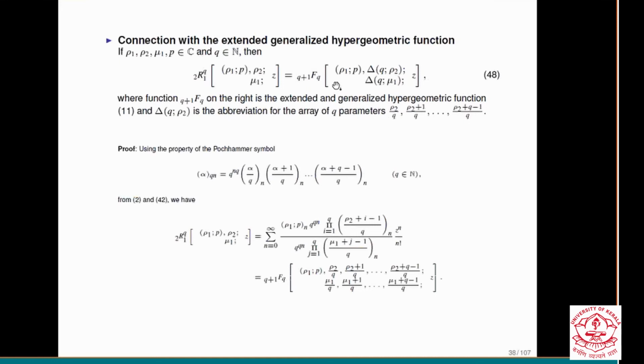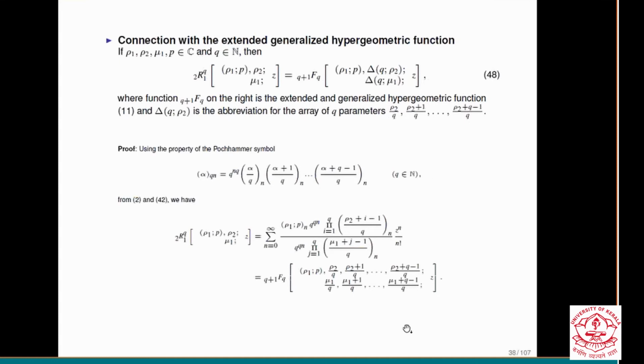So we can get our result in the form of q plus 1 Fq. Here we can also put, suppose if we have q plus 1 equal to p, that's pFq, that is the hypergeometric function. This is equation number 48.